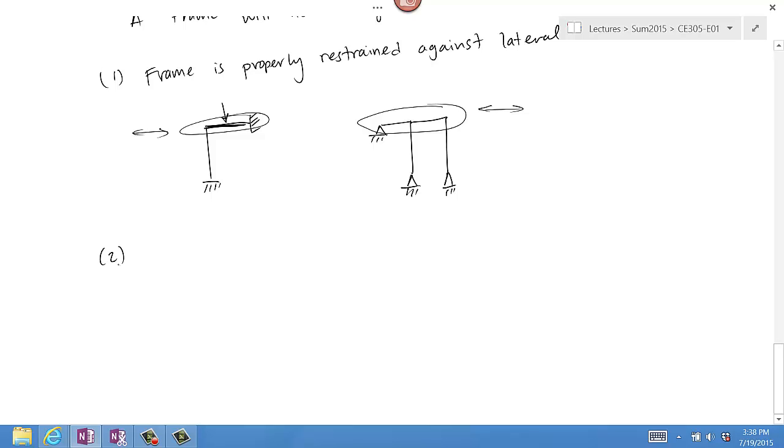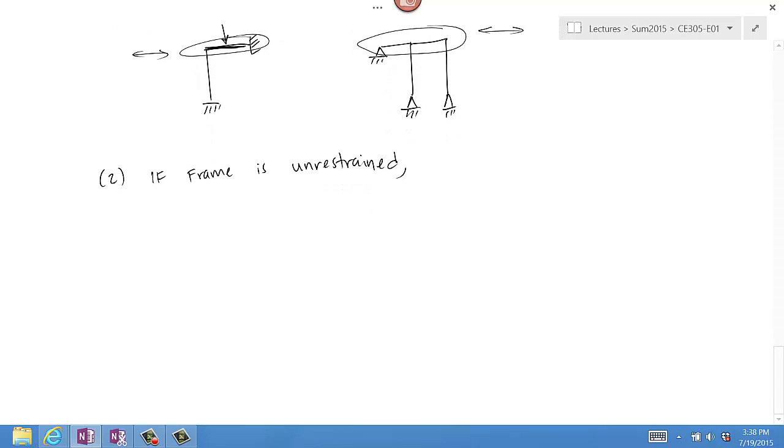Alternatively, let's say that the frame is unrestrained, such as this frame right here.